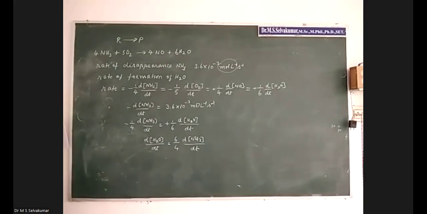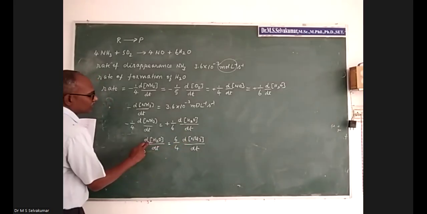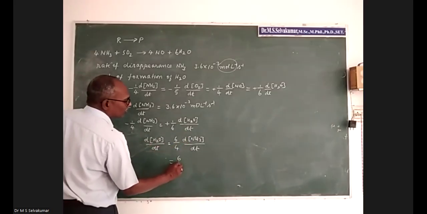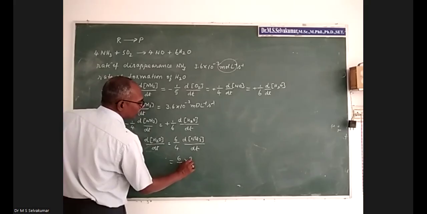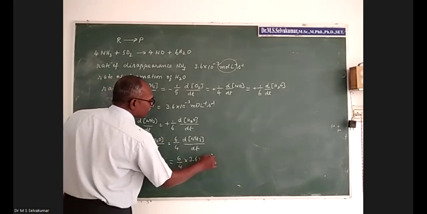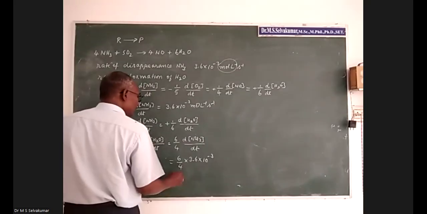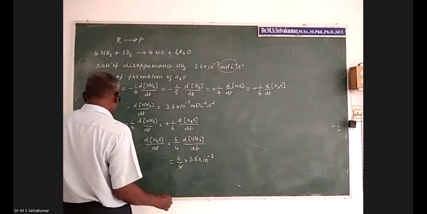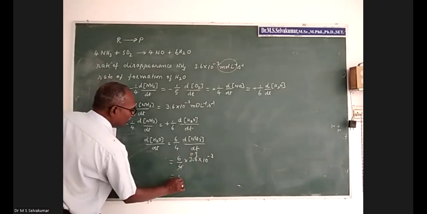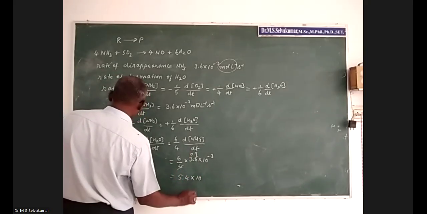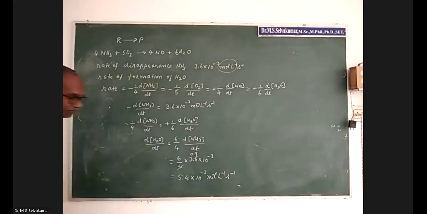Here you need not consider the negative sign because the rate itself is the rate of decrease. So this is equal to 6 by 4 into 3.6 into 10 power minus 3. You can do this, and this can be 9 times 0.9, so this will be 54. Therefore, 5.4 into 10 power minus 3 mole per liter per second.